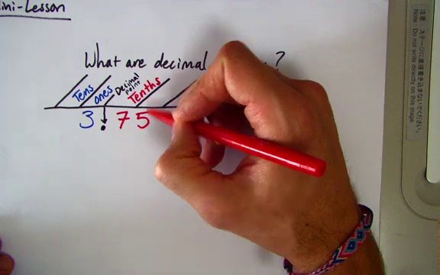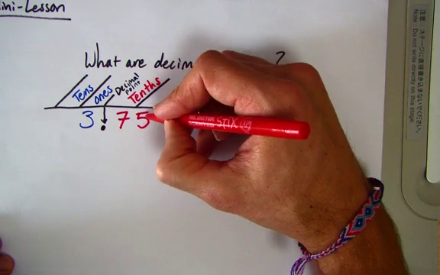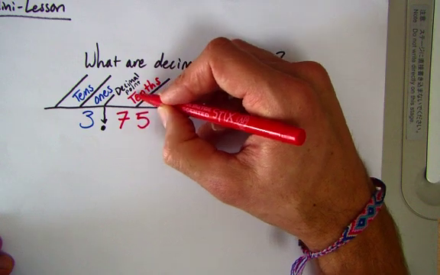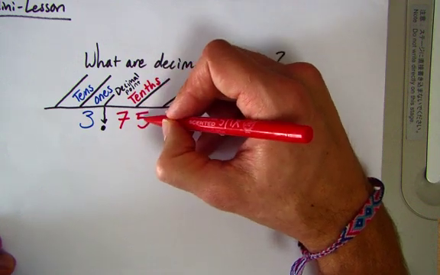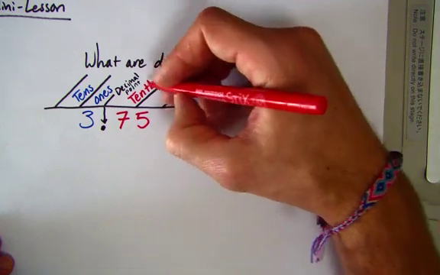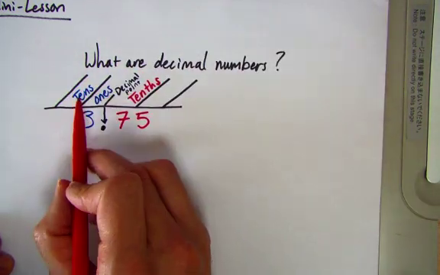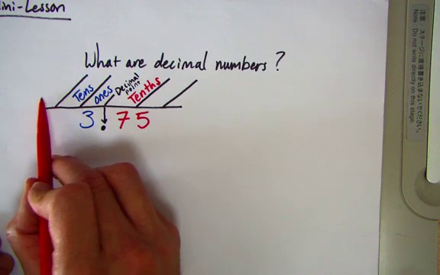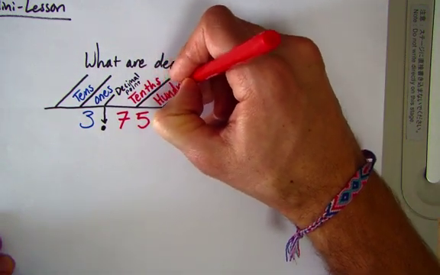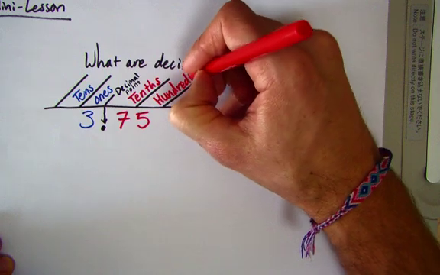We'll talk about that later. What about the 5 here? What's the place value of this 5? The 7 is tenths. The 5, multiples of 10? Tens. What goes here? Yeah, okay. Hundredths. Hundredths.